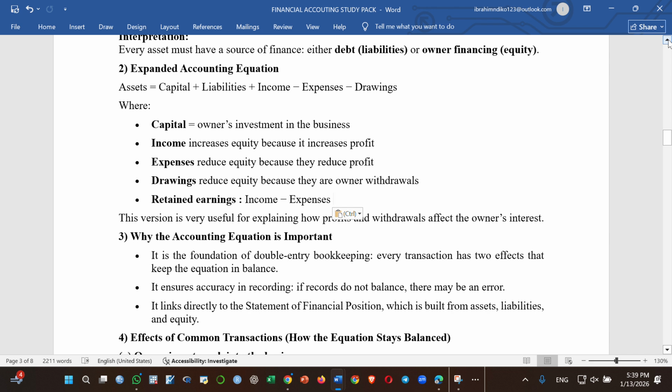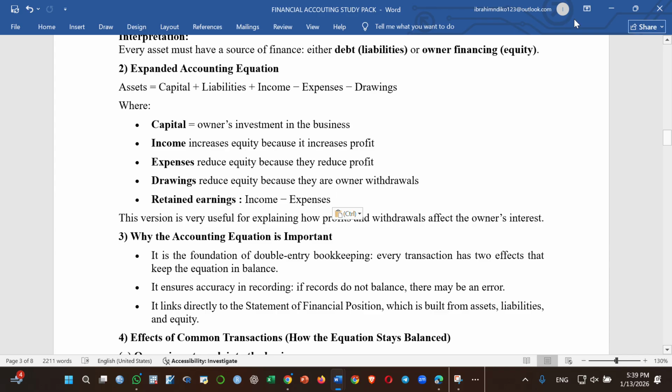Then we have drawings. Drawings can be in form of money or goods. For drawings, we shall talk about it later, because that is when a person took some money from the business for personal use, or goods from the business for personal use. Then we have the retained earnings, which represent income minus expenses.